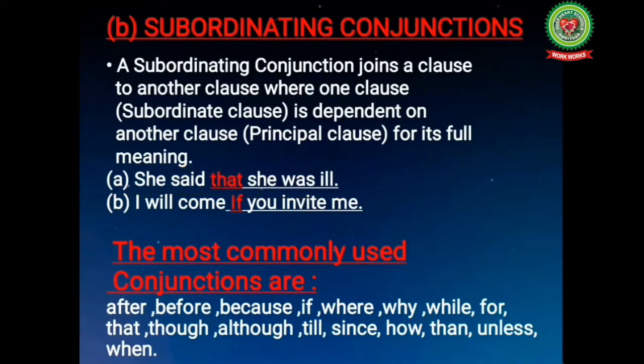In this sentence, we have two clauses. Here, that she was ill depends on she said for its complete meaning. See the next example. I will come if you invite me. Here also we have two clauses. If you invite me depends upon I will come for its complete meaning.